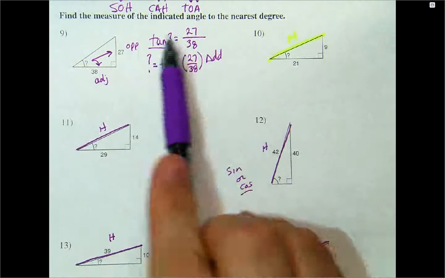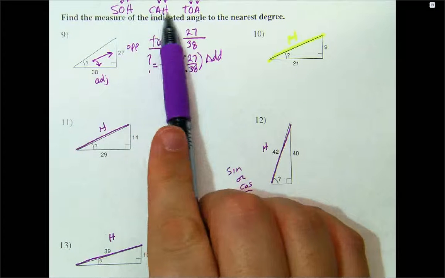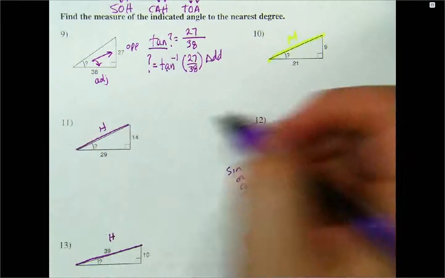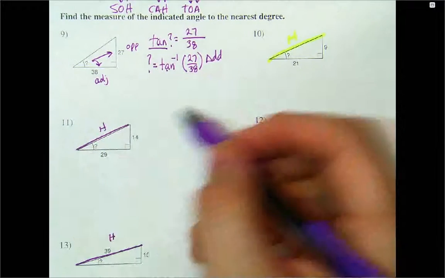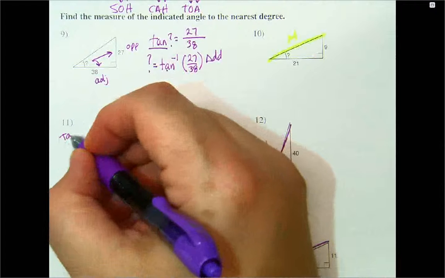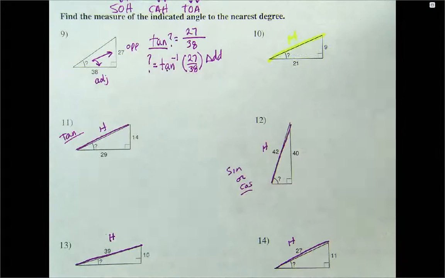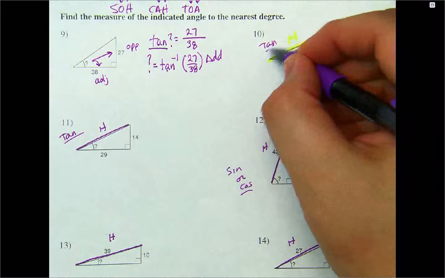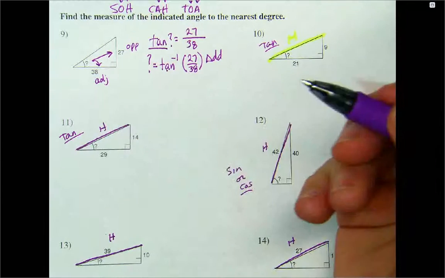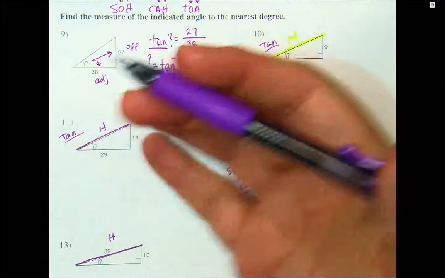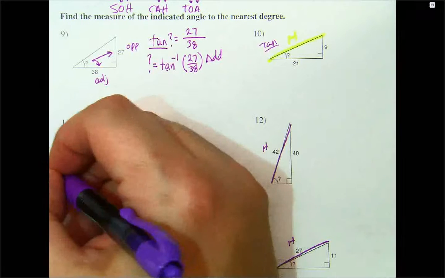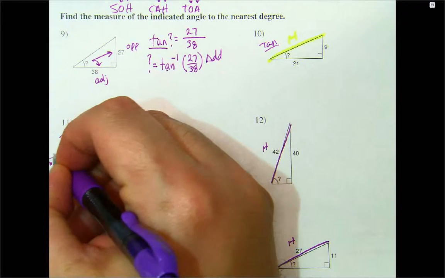So for number 11, whenever you don't have a value for the hypotenuse, I know I'm going to use a tangent. Number 10, does it have a value for the hypotenuse? No, so you're going to use a tangent. So if we're going to use the tangent to build this, we have to figure out opposite over adjacent. We're going to end up using the inverse tangent.